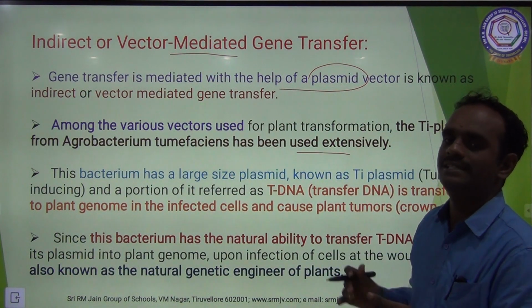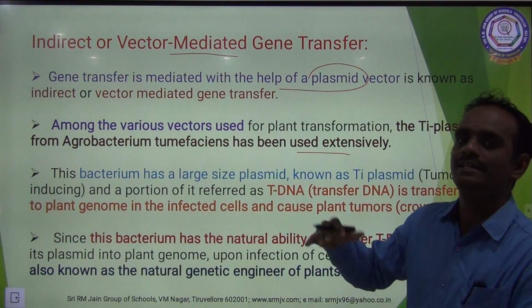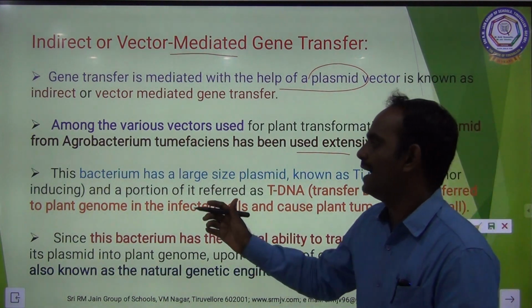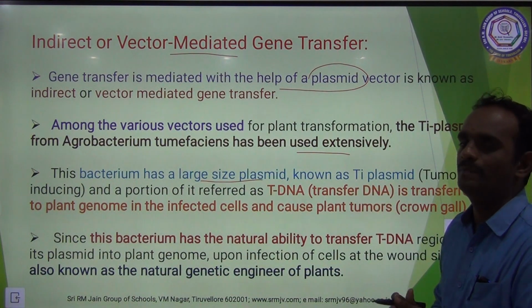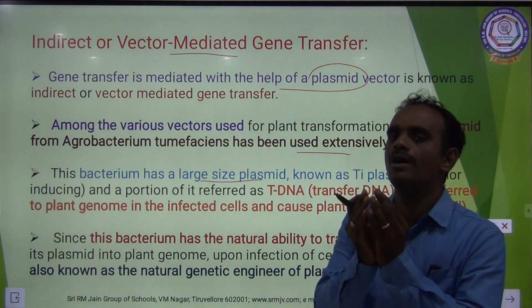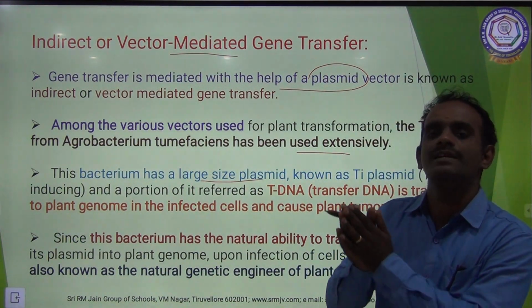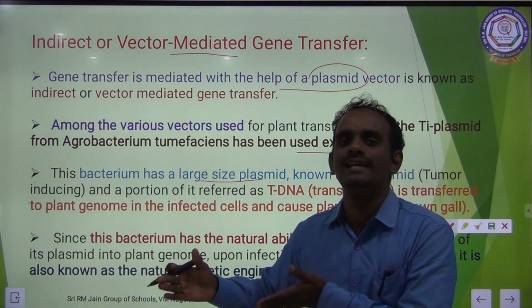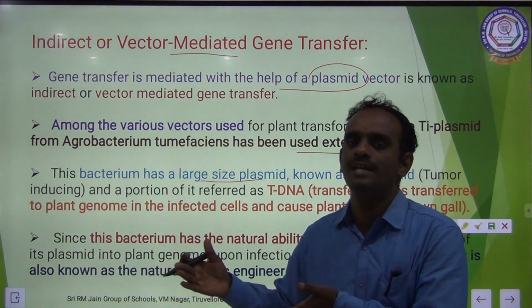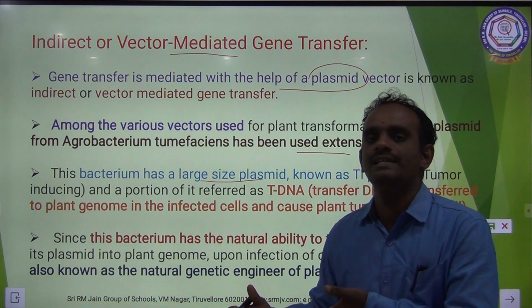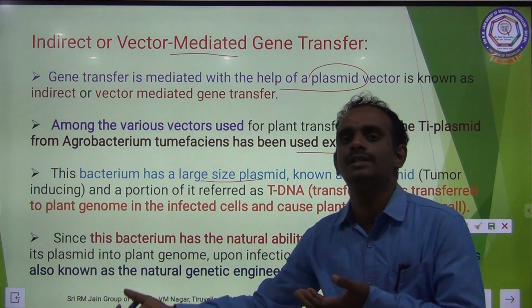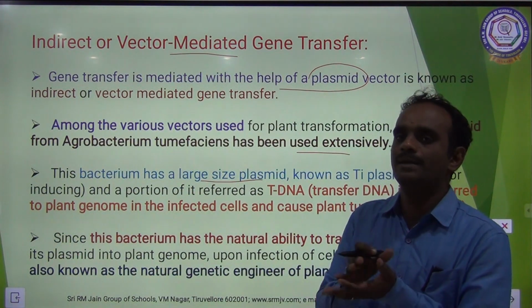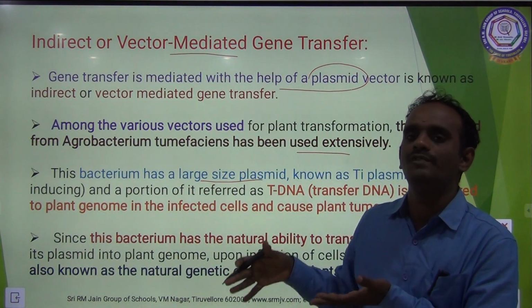This bacterium has a large plasmid known as Ti plasmid, and a small portion of this Ti plasmid is called T-DNA, that is transfer DNA. That particular transfer DNA has the ability to transfer the gene of interest into the host cell. That is a peculiar characteristic of Ti plasmid.